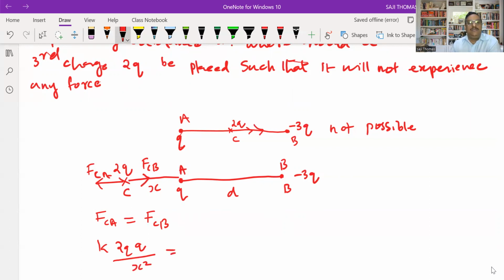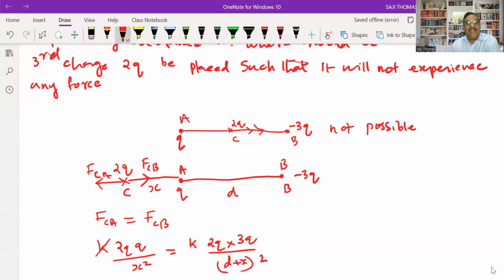FCB is K into 2Q into 3Q, take 3Q only, don't put minus because we already considered the direction, divided by the distance C to B, that is (d plus x) whole square.